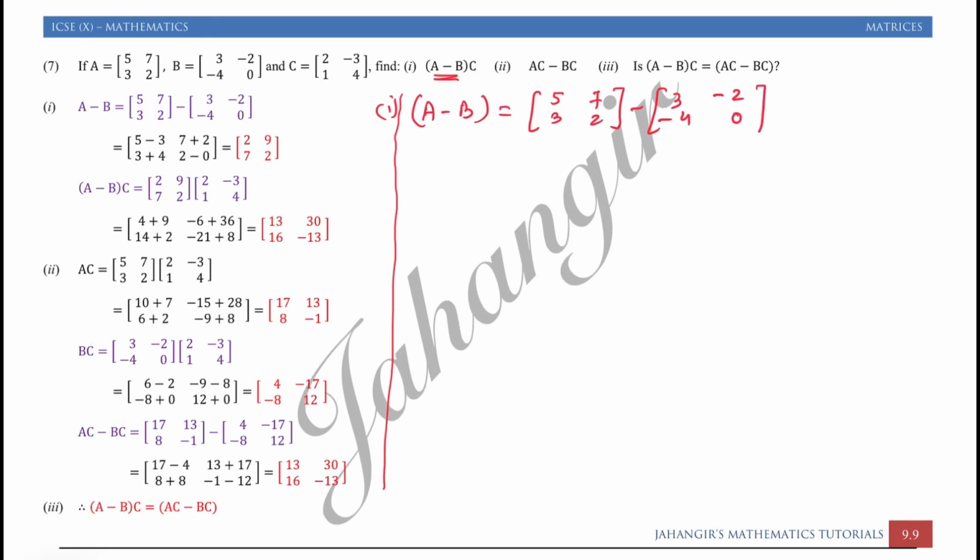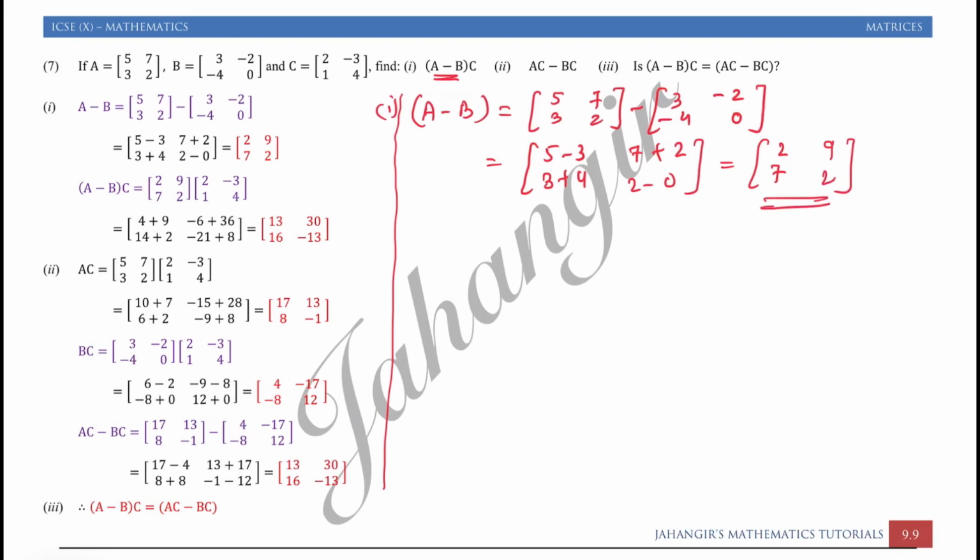Minus 2, 0. So subtracting we will get 5 minus 3 is 2, 3 plus 4 is 7, 7 minus of minus, plus 2 is 9, 2 minus 0 is 2.